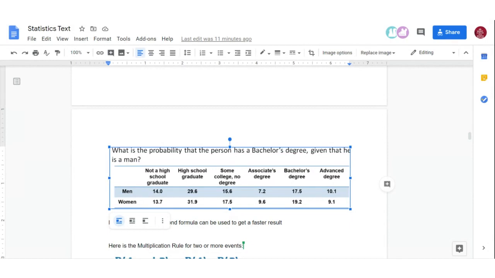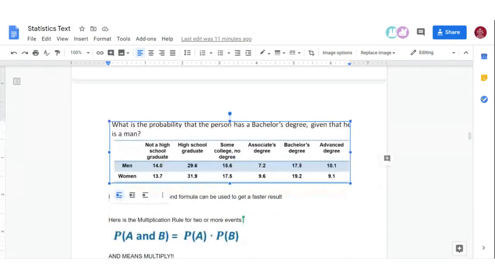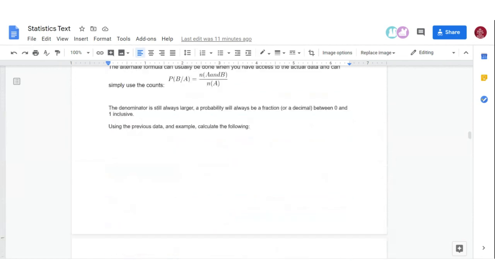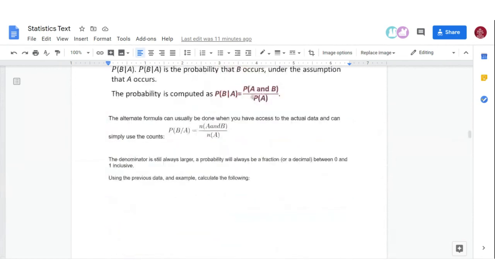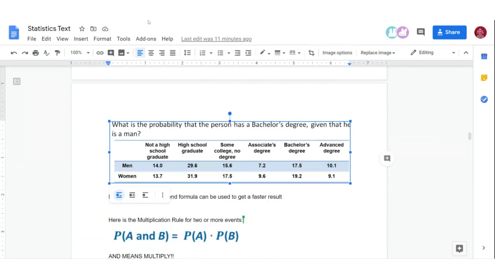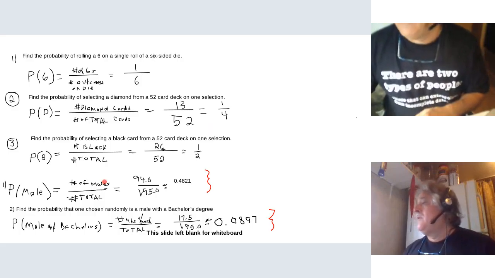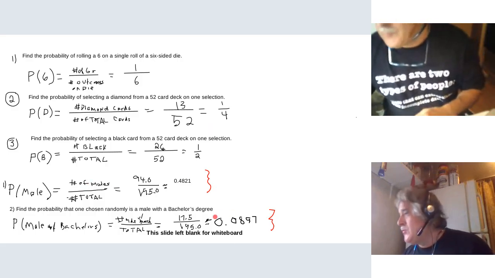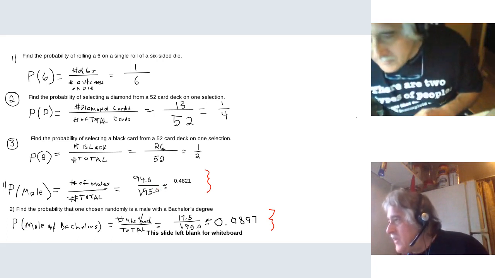So what we have to do then, using that formula here, is put down there in the bottom the probability that he is a man. The probability that he is a man goes in the denominator. So we already had that figured out. That's that bottom one.